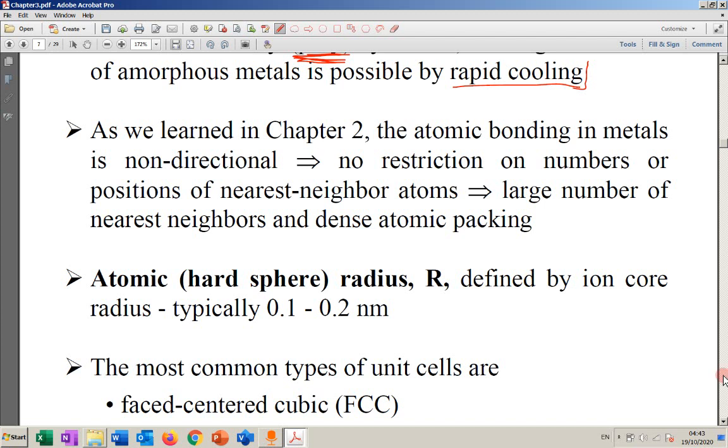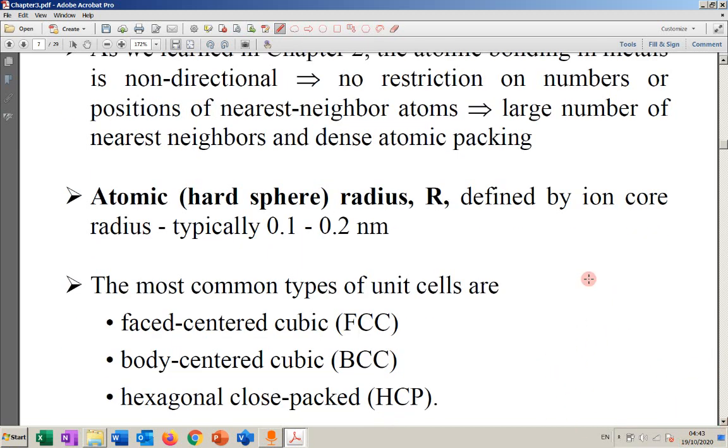And this gives us some idea about the density of the material, and how the density will be calculated based on this arrangement of atoms. R, we said, represents the radius of atoms. They're very small, on a nanometer scale, but we'll see them.